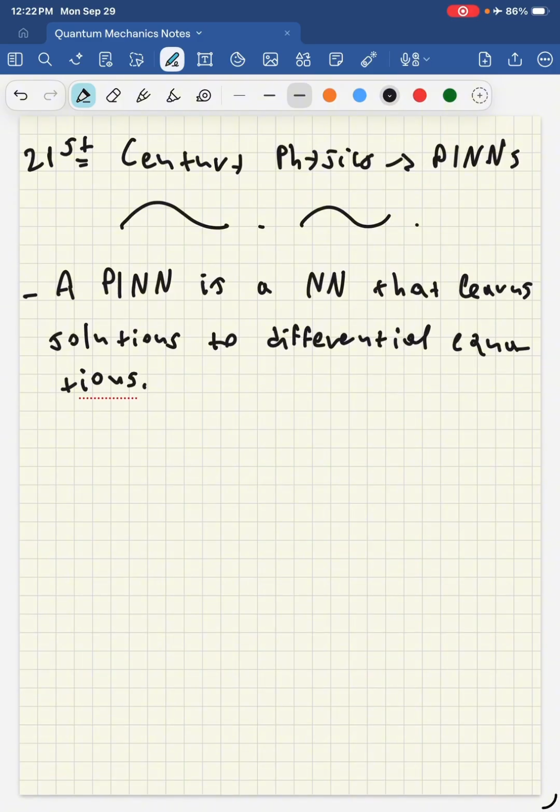And recall that most problems in physics, if not all, can be cast into a form that involves a differential equation, right? I mean, in quantum mechanics, you have the Schrödinger equation. In classical mechanics, you have Newton's second law. Then in electromagnetism, you have Maxwell's equations that you can solve using differential equations in some cases.